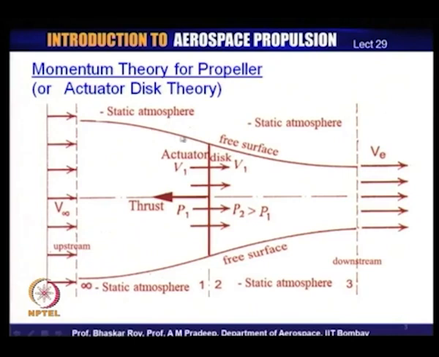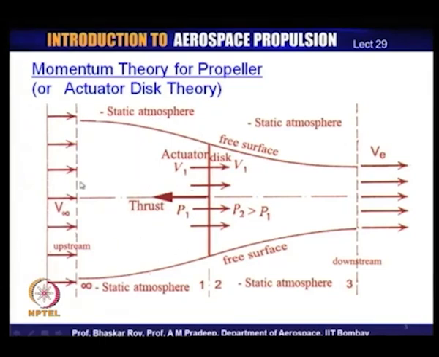So, it moves into the actuator disc and then goes out of the actuator disc in a shape something like this. It's a kind of circular shape all around the particular domain that we are considering.